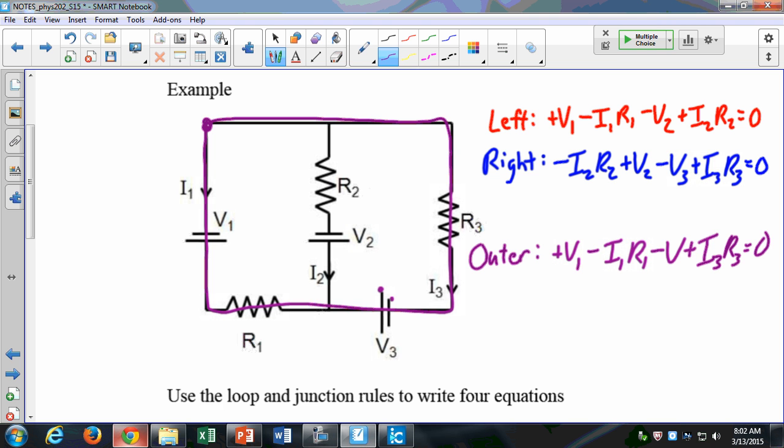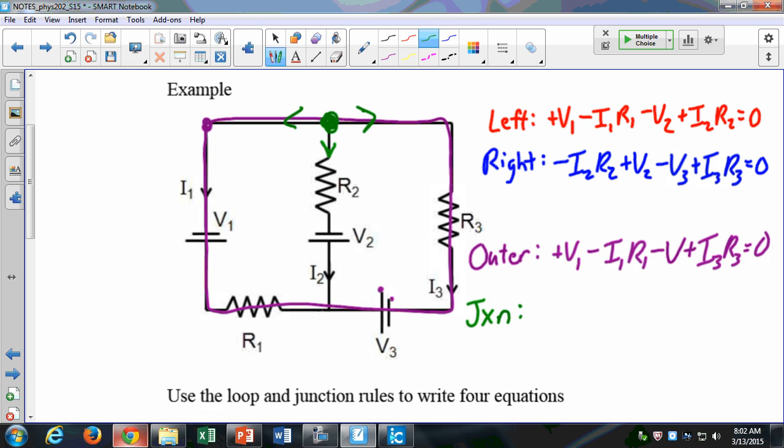All right, and then I can also write the junction rule. I can just pick any junction and say the incoming currents are equal to the outgoing currents. Now notice I have I1 going here, I2 going there, and I3 going there. So what is my junction rule going to look like here? What are my incoming currents?